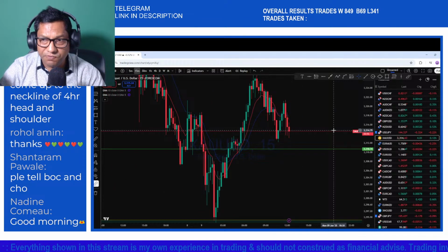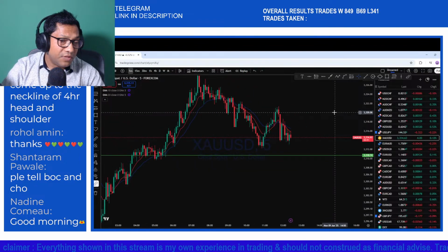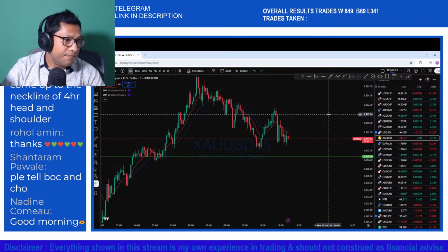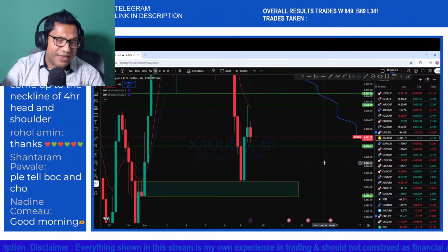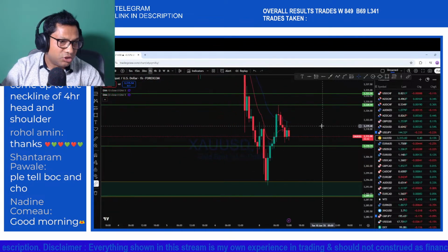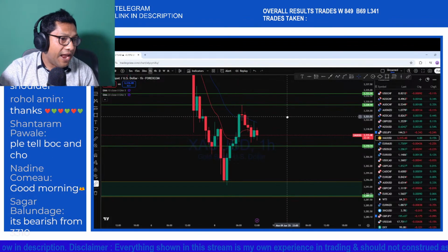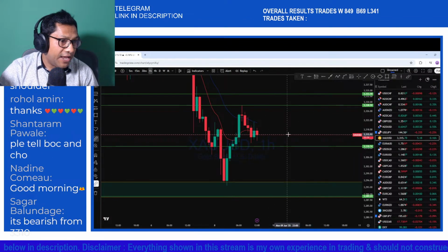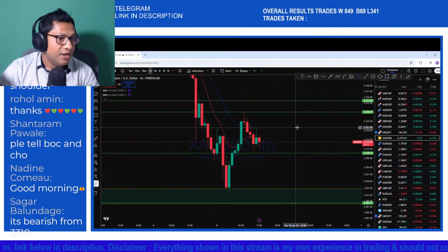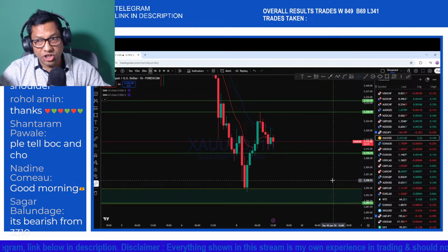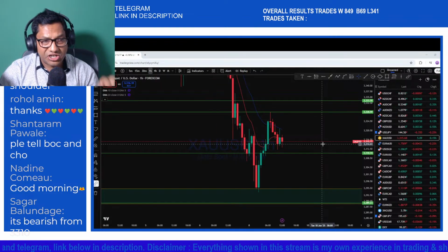From a directional perspective, we can see that the market is bearish, and in that bear market we will only be looking for potential selling opportunities. So looking at the 1 hour, this is the daily low, and from this daily low, as the market is trending in the direction, we expect this price to potentially remain bearish in the major direction of the trend.